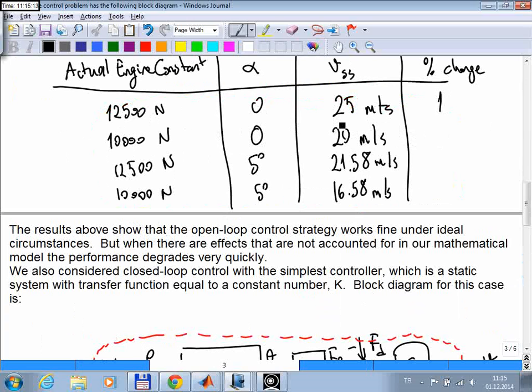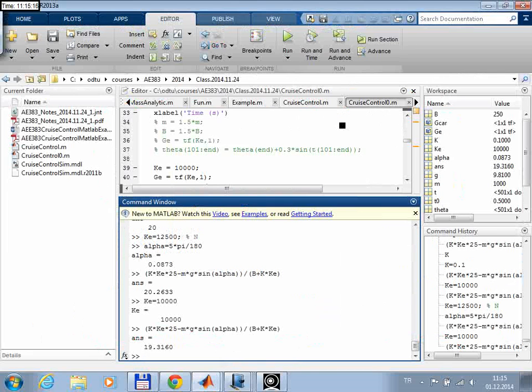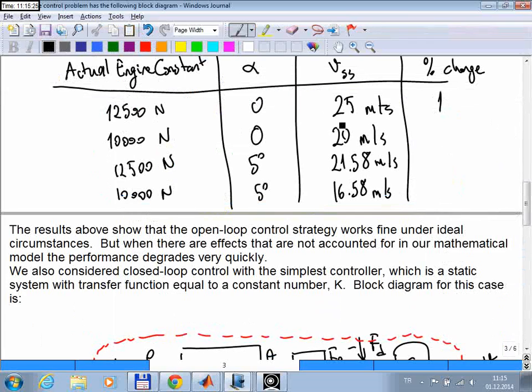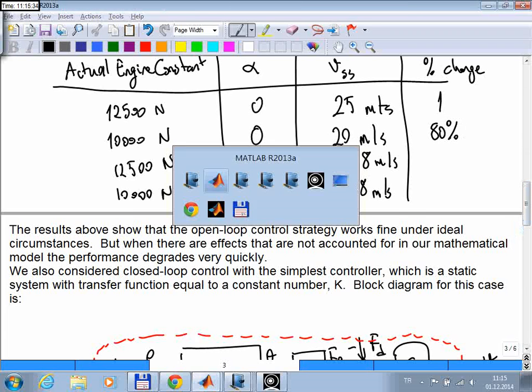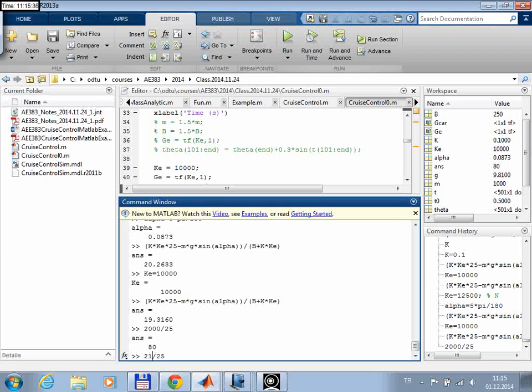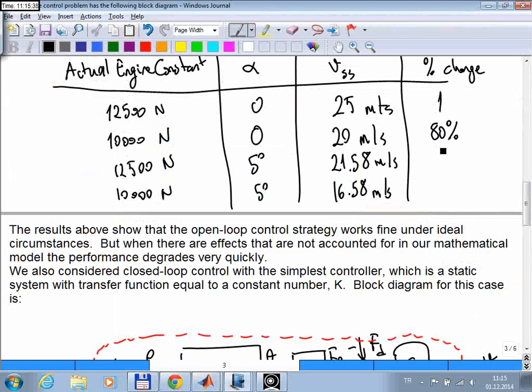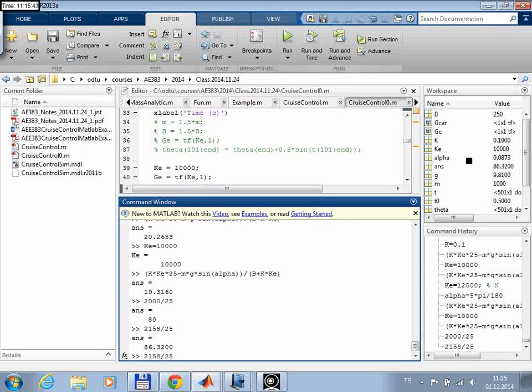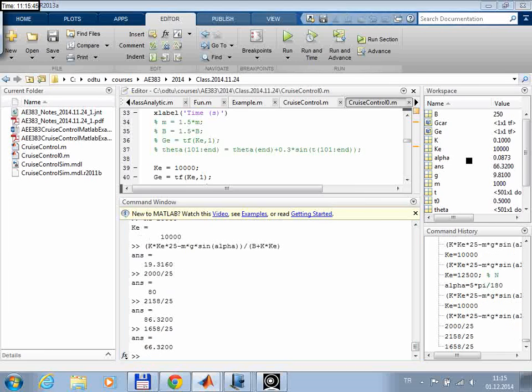So this 20 is, so the first disturbance makes the output 80% of the output of the ideal case. The second one, and the last one, 66%.